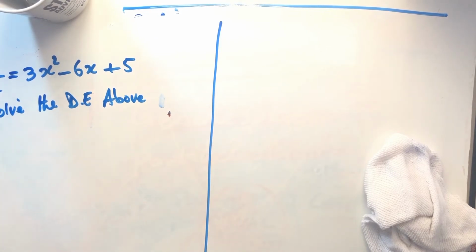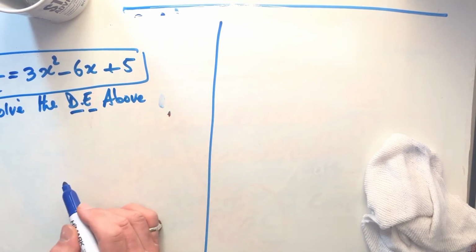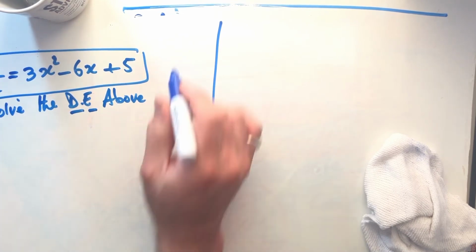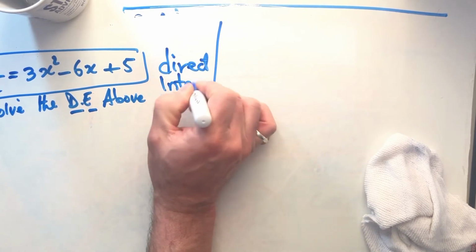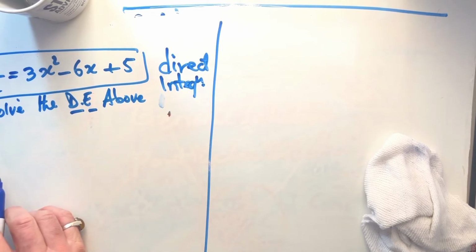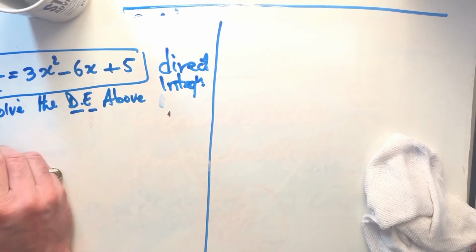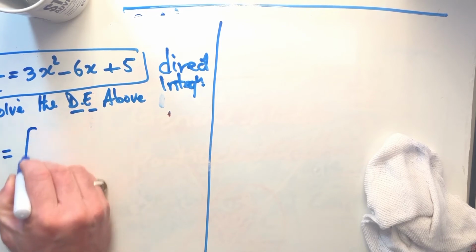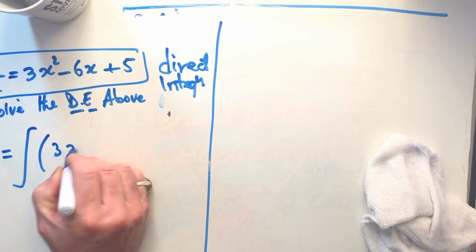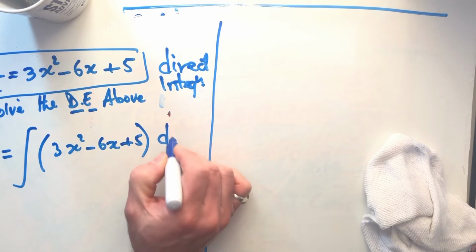Let's have another example. This is an example of a differential equation. The way to solve that, we're going to solve it by direct integration. We've got all the y's on one side, all the x on one side. So the way we do that, we integrate this function to get y. y is equal to the integration of 3x squared minus 6x plus 5 with respect to x.